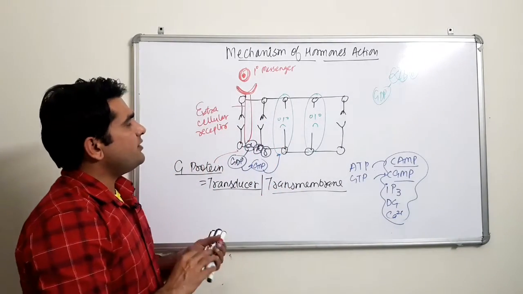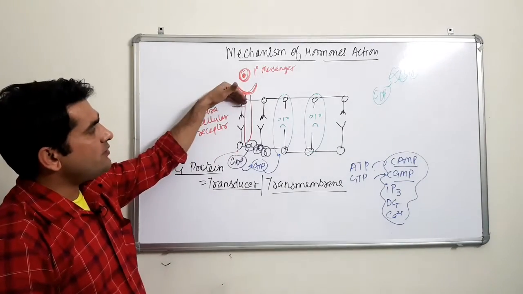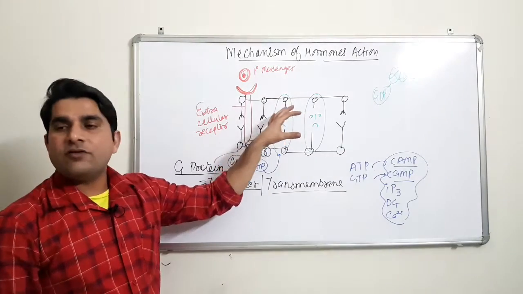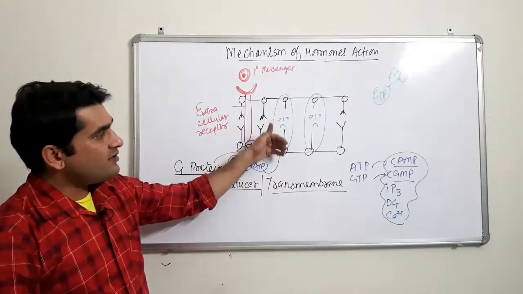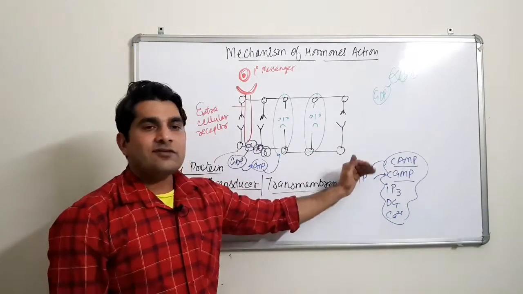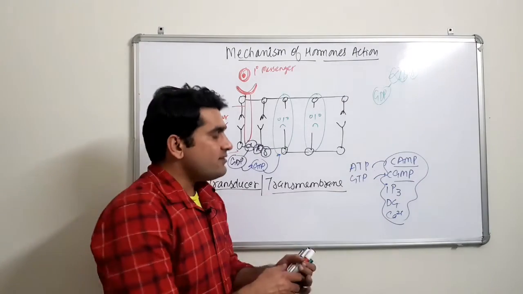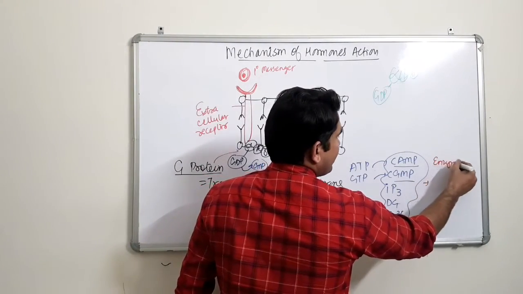So the basic concept is a hormone comes and binds, and binding of this primary messenger results in a conformational change in the protein part of the membrane, and certain enzymes are activated. This enzyme results in the generation of secondary messenger, and these secondary messengers initiate an enzyme cascade, the activation of certain enzymes.